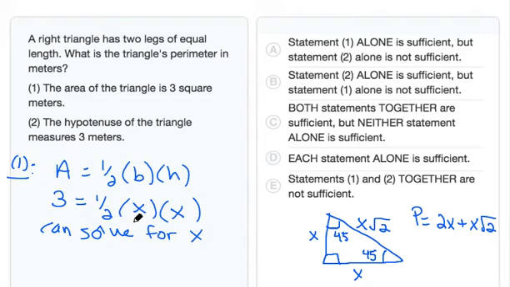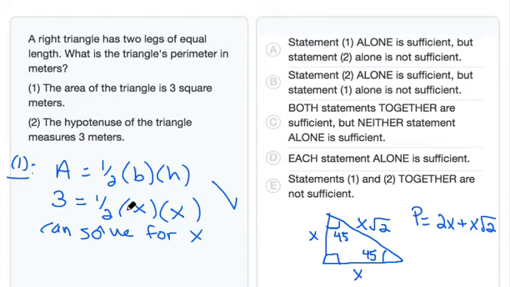Remember, we're just looking for whether we would be able to answer this question and find the perimeter. If we have this equation from our area, we can solve for x and get a value. Once we get a value for x, we would be able to plug it into our perimeter equation and get a number for our perimeter. So this statement alone is sufficient in order to answer the question of what is the triangle's perimeter in meters.